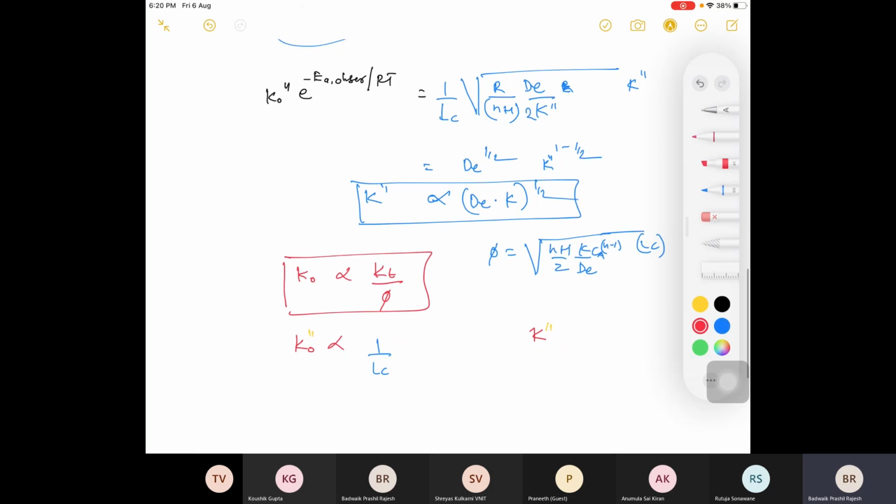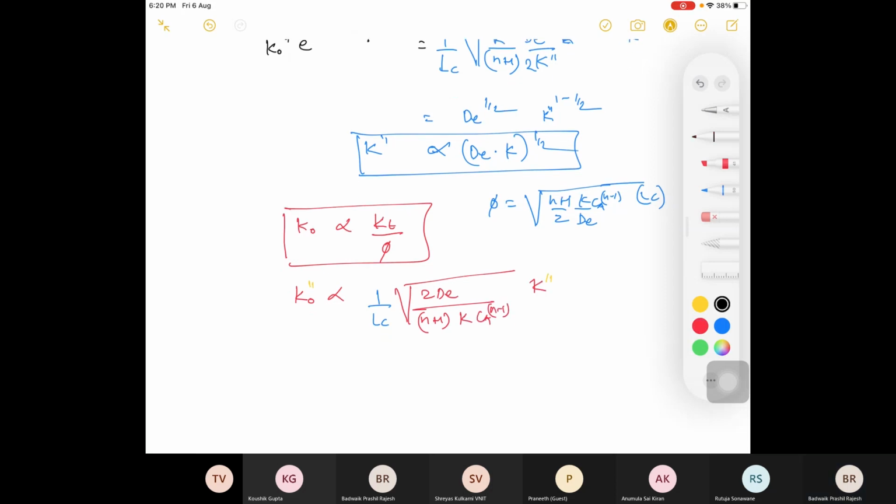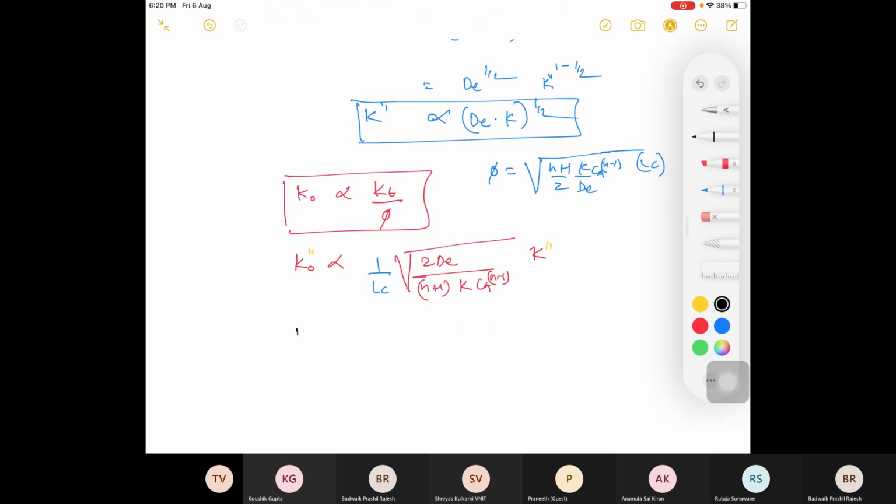Then if you write 1 by that, you will have this equation, exactly inverse, numerator and denominator exchanged. So 2De here, n plus 1 K, and Ca to the power n minus 1.